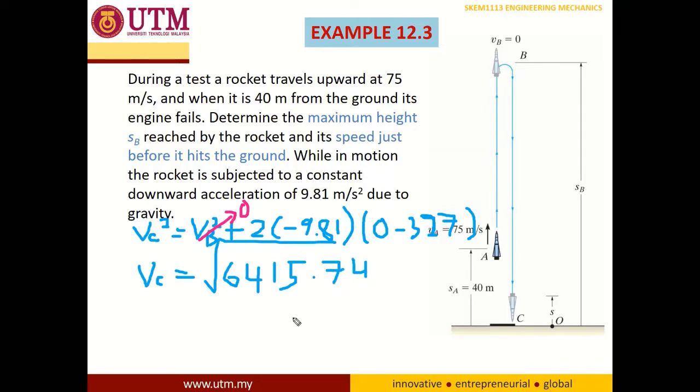If we solve it, we should get plus or minus 80.1 meters per second. Of course we consider the negative value here, just to show that the positive direction is pointing upwards and the negative is pointing downwards.